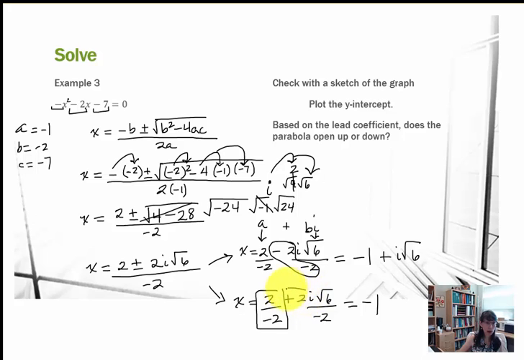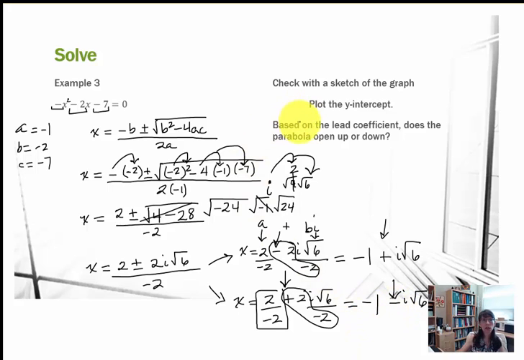And reducing positive 2 with negative 2 makes negative i square root of 6. So it looks like we started out writing that first term as subtraction, but because it was divided by a negative, it changed to plus. And the same is true for the other solution. We started with plus, but since it was divided by a negative number, this problem became subtraction.